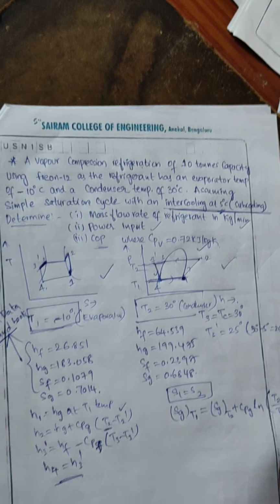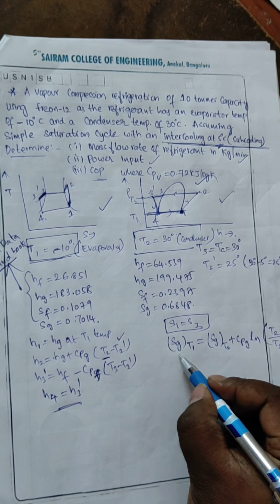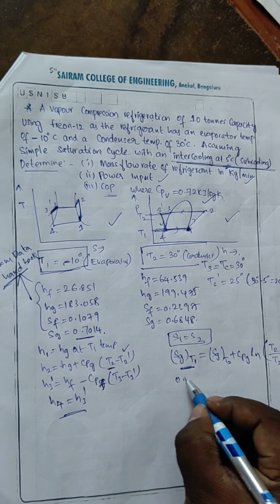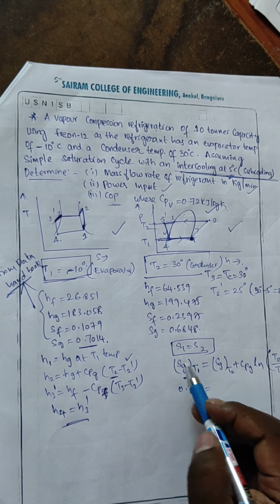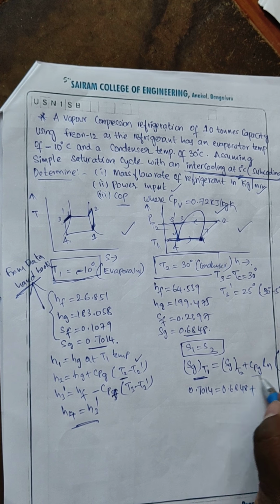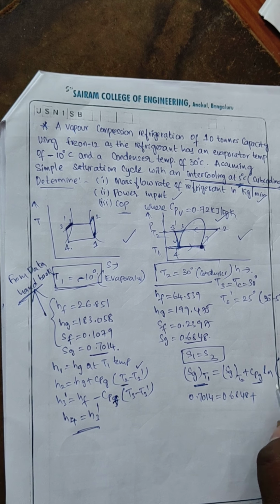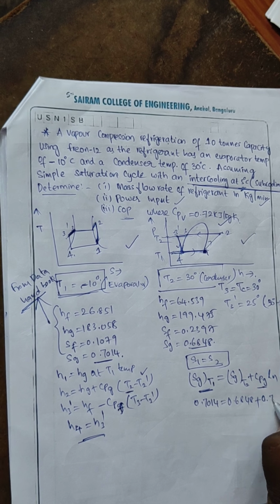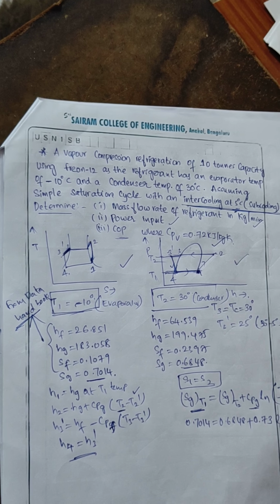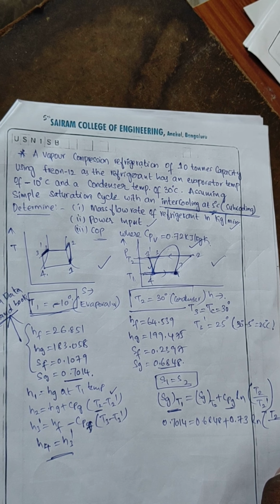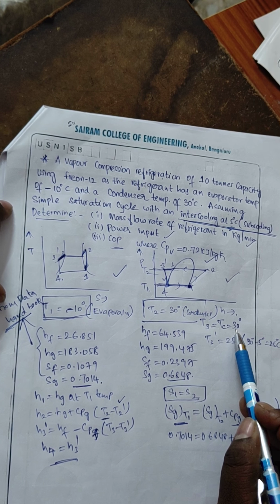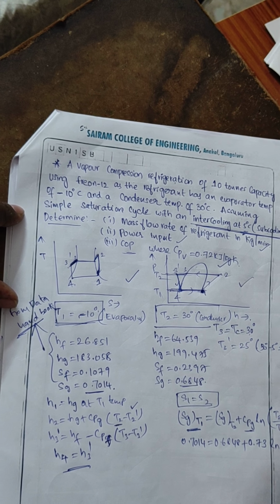So 0.7014 is equal to 0.6848 plus Cpg, which will be given in the problem, or else we take it as 0.73, into ln of T2 dash by T2, where T2 is 273 plus 30, equal to 303 Kelvin.